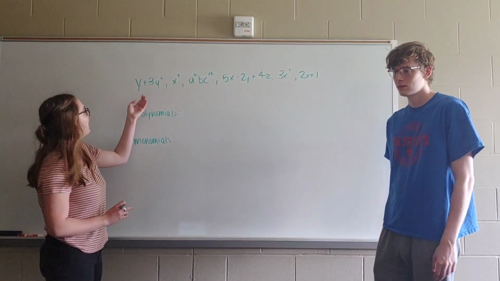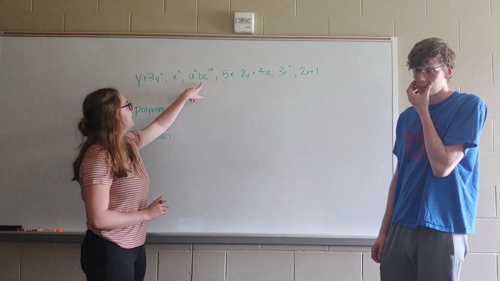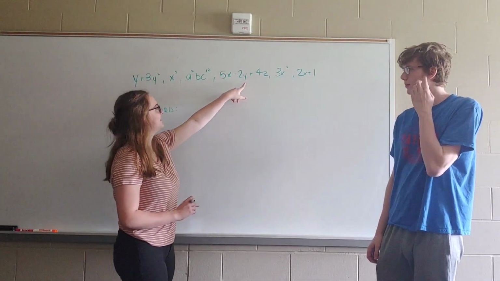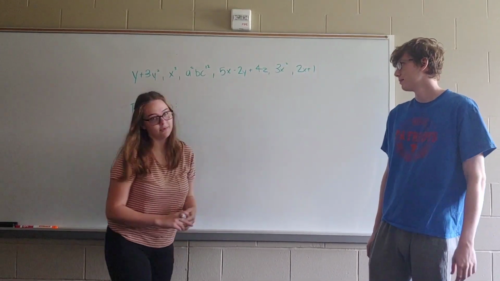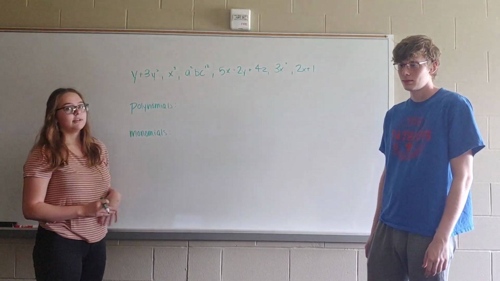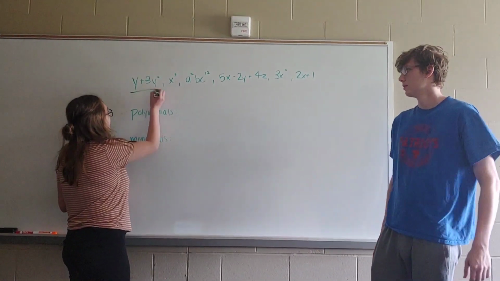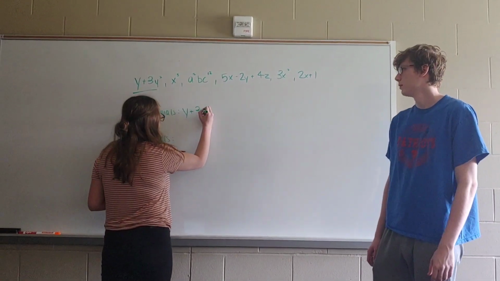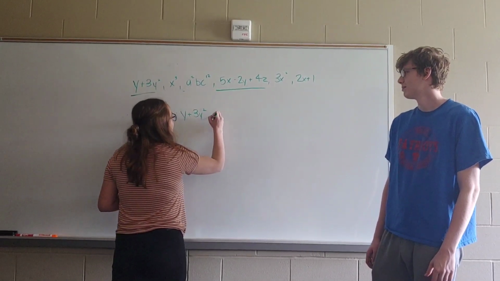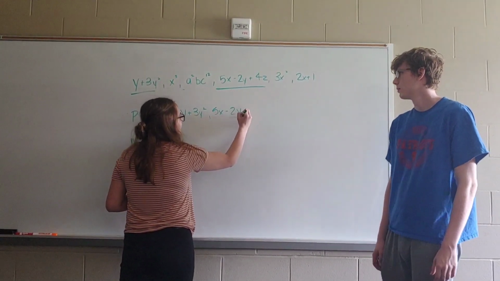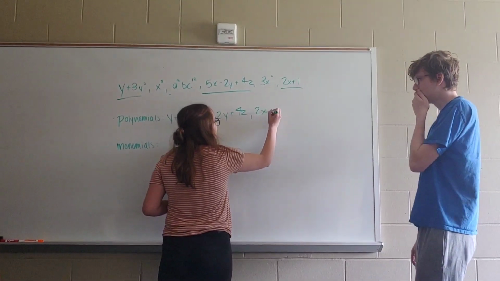In this example, we have y plus 3y squared, x to the third, a squared bc to the 12th, 5x minus 2y plus 4z, 3x squared, and 2x plus 1. There are a few polynomials and monomials. So the polynomials in this would be y plus 3y squared, 5x minus 2y plus 4z, and 2x plus 1.